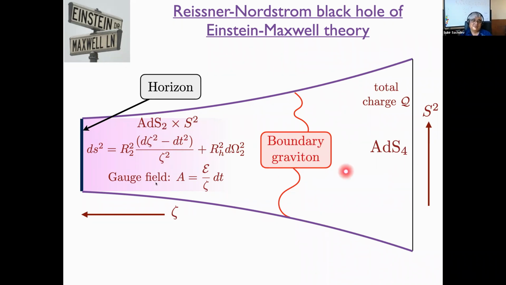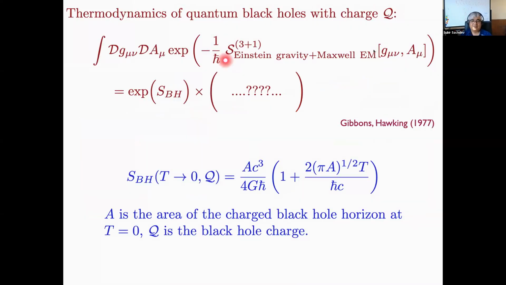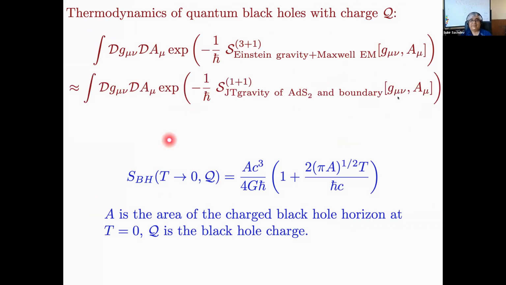So now what we want to do is to start from the 4D gravity, which is a perfectly well-defined theory, at least at the saddle point level, and take its low energy limit and deduce some effective action for 2D gravity. So we're going to start from 3 + 1 dimensional gravity and reduce it to 2D gravity.